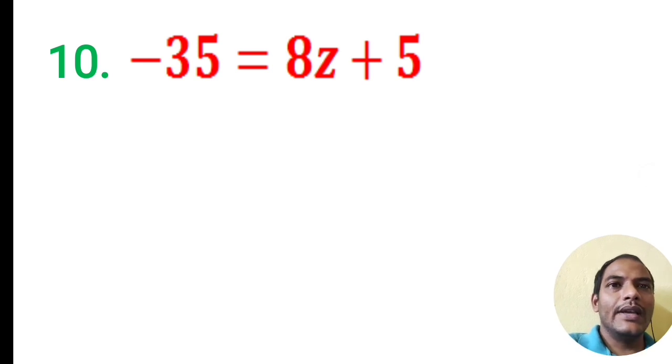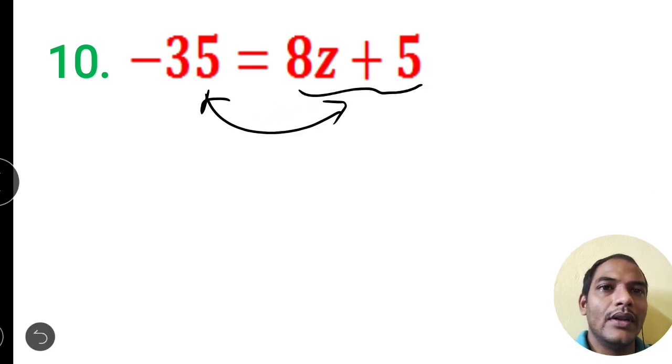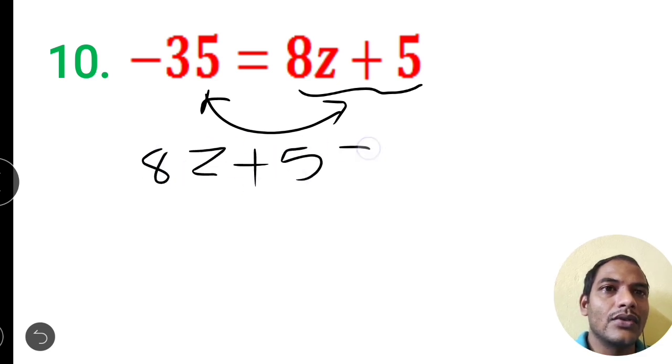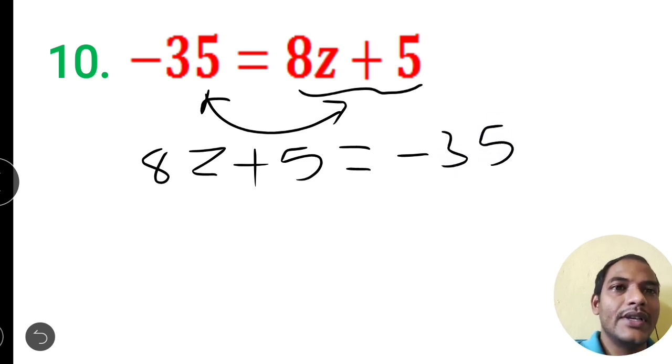So next question, minus 35 equals 8z plus 5. See here, the variable z is on the RHS place. So what I am doing is interchanging the LHS and RHS, so 8z plus 5 equals minus 35. See here, I am not changing any symbols. Why? Because I am interchanging both LHS and RHS at a time, so there is no change in the symbols.